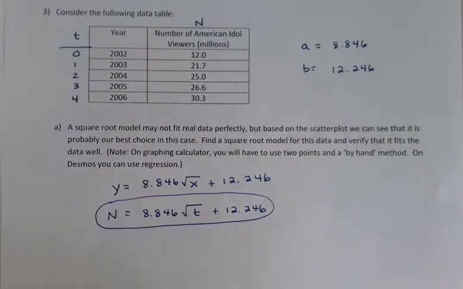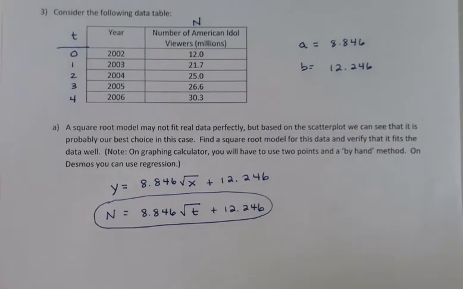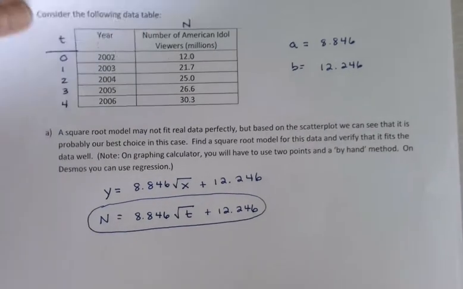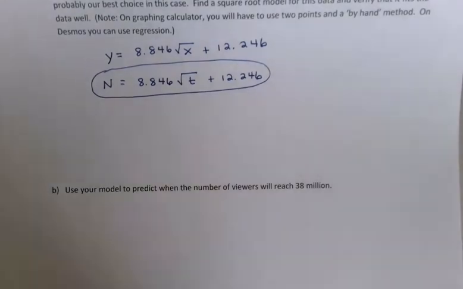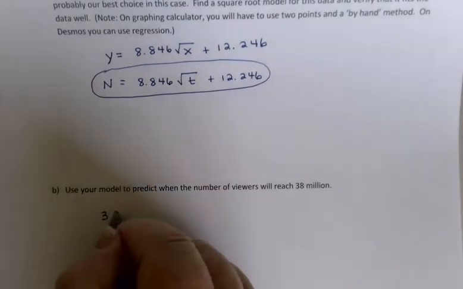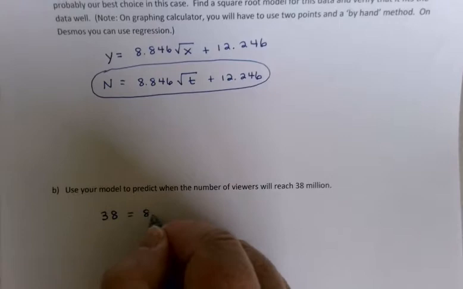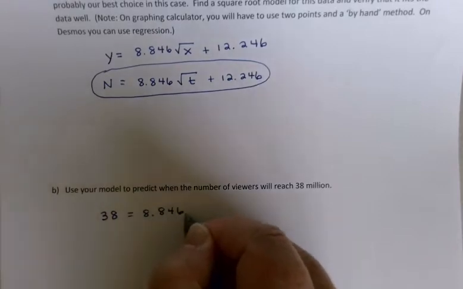All right. In part B, we're asked to predict, using our model, when the number of viewers will reach 38 million. So that just means n is 38. Remember that this was in millions, so I don't need to include the million in my number.